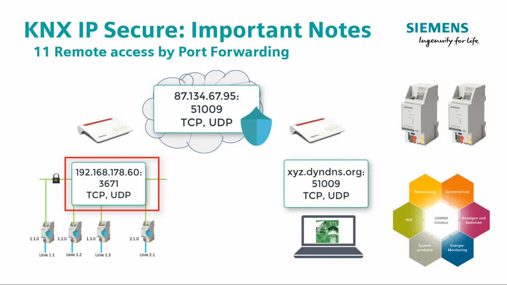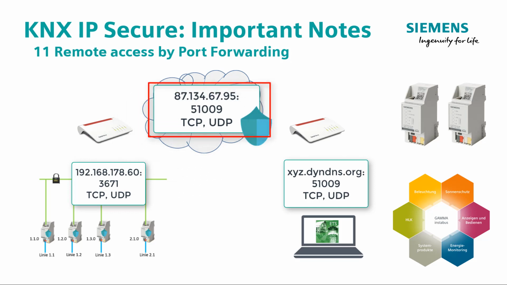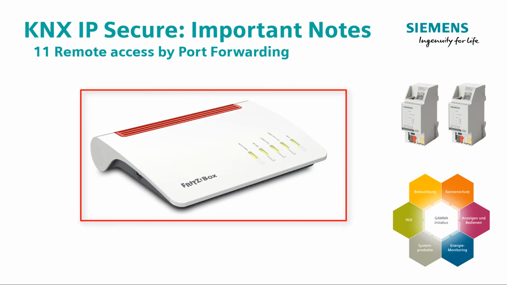Port 3671 is reserved as the default port for all KNX IP devices. Masking is still possible. The external port number is different from the internal port number, if the DSL router supports it.